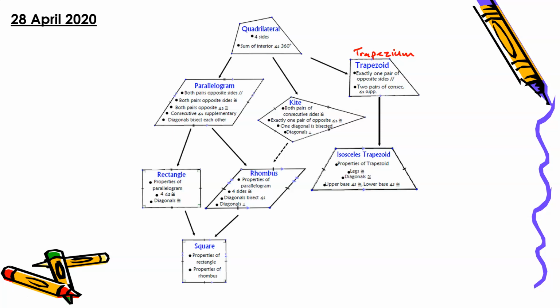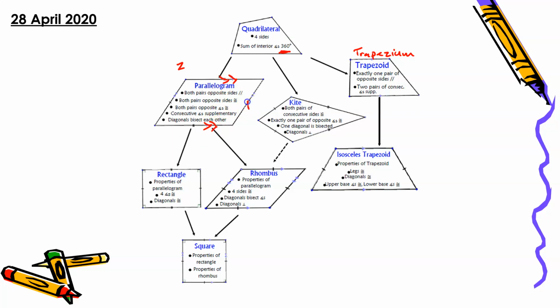So quadrilateral, four-sided shape, the key feature is that the angles add up to 360. But then there's these other features when it comes to parallel sides. So the three branches is that we can look at parallelograms, kites, and trapezoids. And basically this is two pairs of parallel sides.